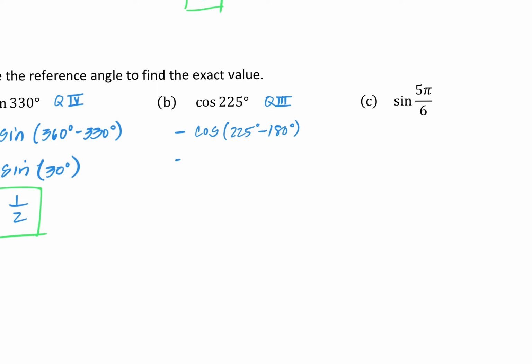And that should give me 45 degrees. So cosine of 45 degrees is square root 2 over 2, but this is going to be a negative square root 2 over 2. So again, just another way that you can compute trig functions.